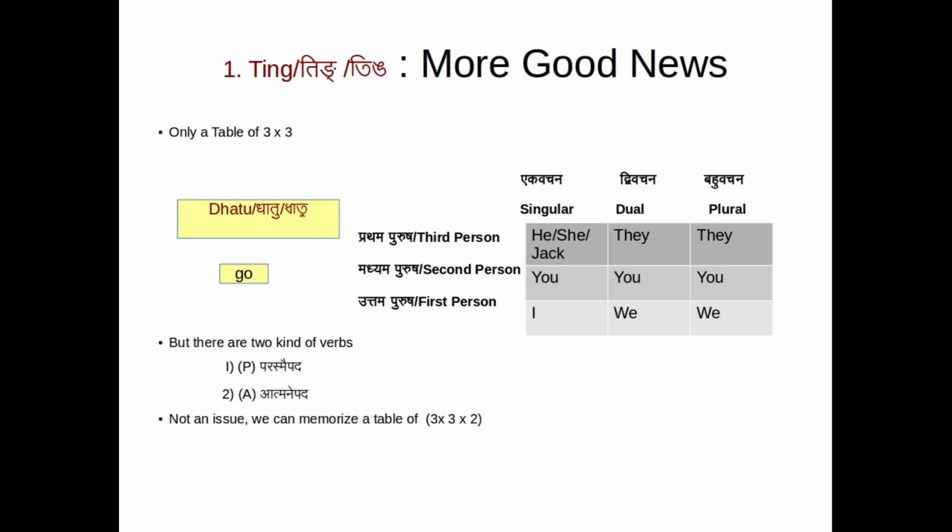So, we have to memorize 2 3 cross 3 tables, each having 9 entries: one for Atmanepadi dhatus and another for Parasmaipadi dhatus. Additionally, we have to memorize which verb or which dhatu is in which class.